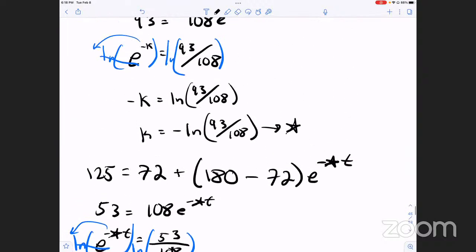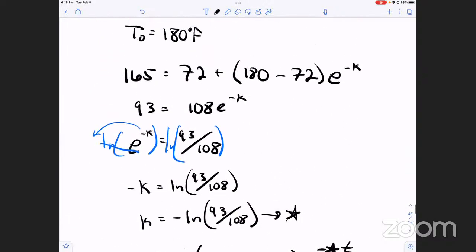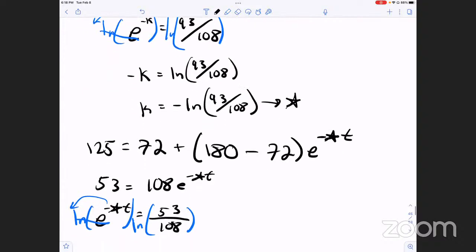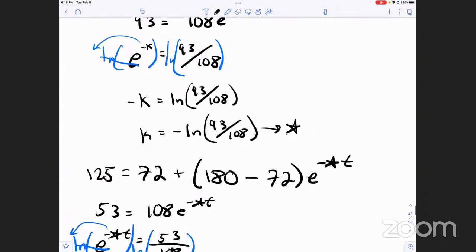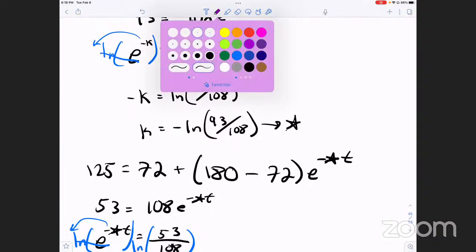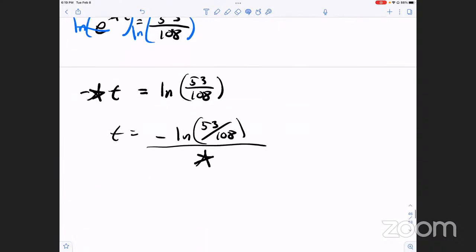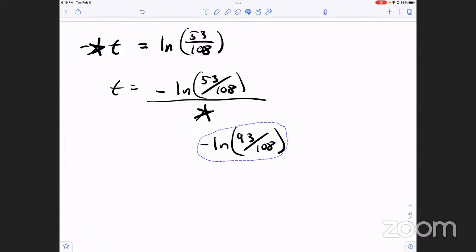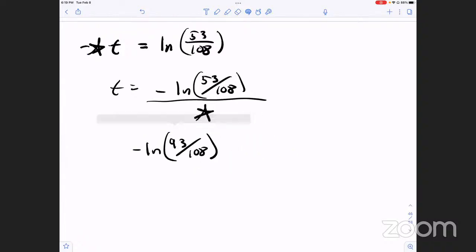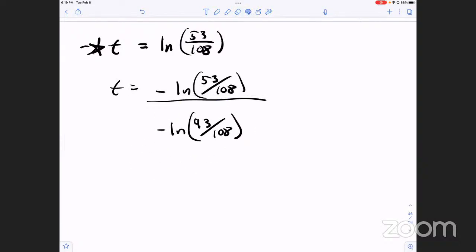And so we said star jumps a little bit more. This one's positive, and let's crunch that number.